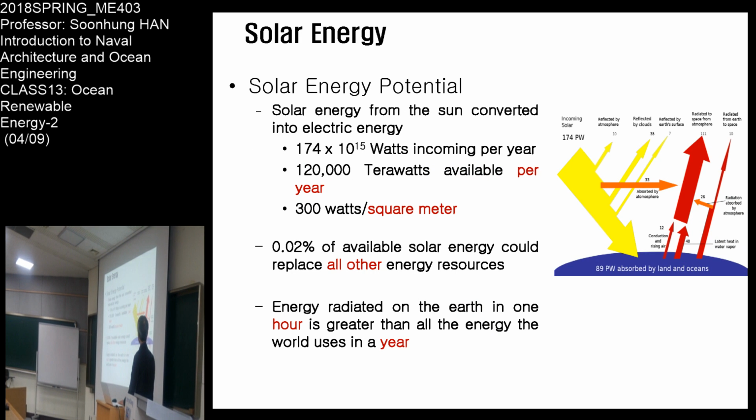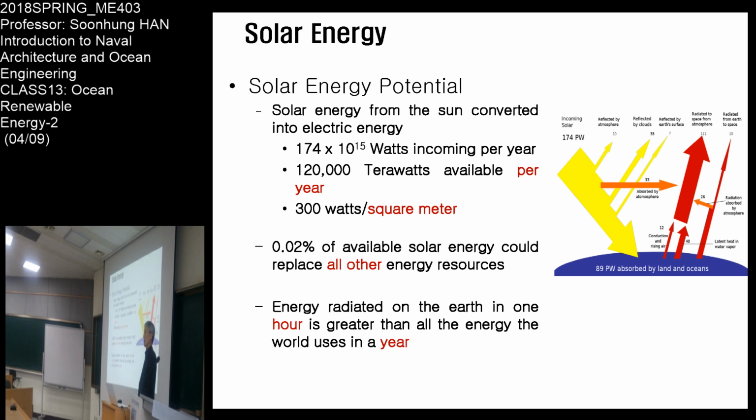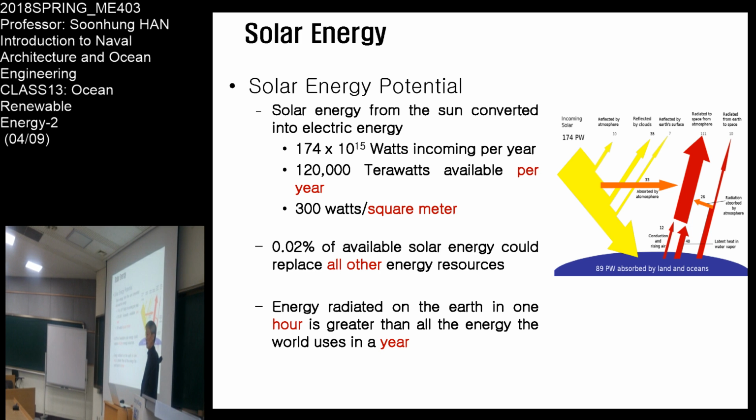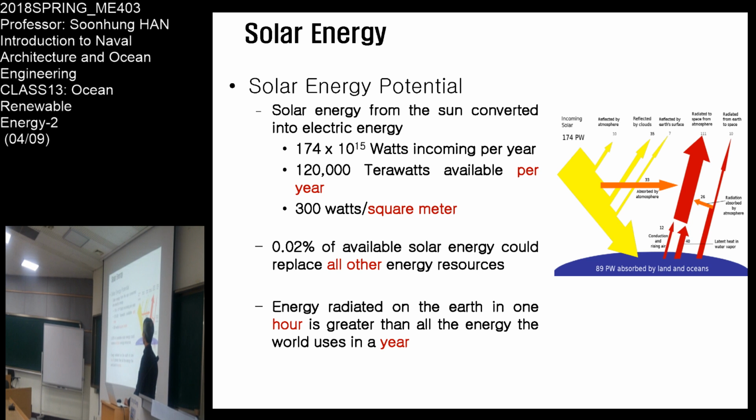So, solar energy potential. Solar energy comes from the sun. The energy scale is very big. The sun is big, so terawatts are available per year. But once again, the density is small per square meter.